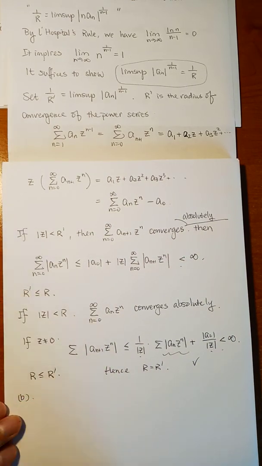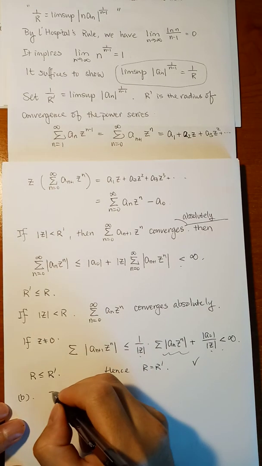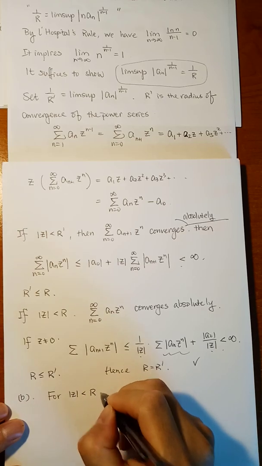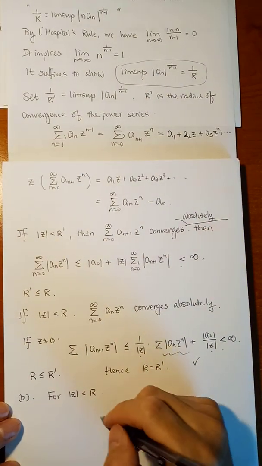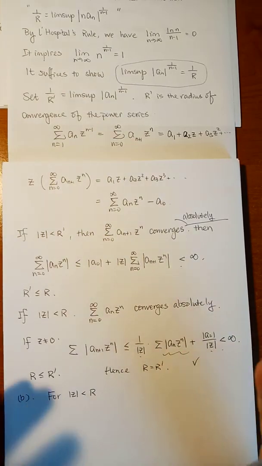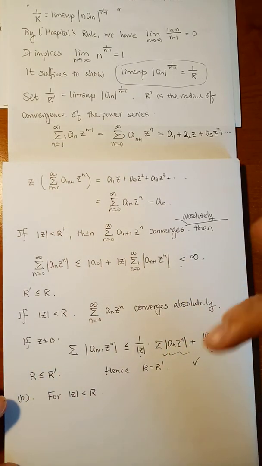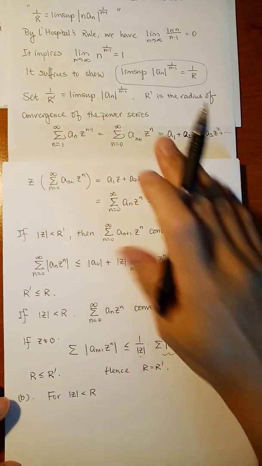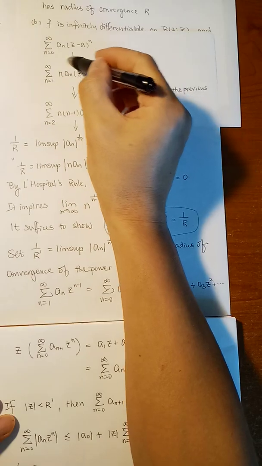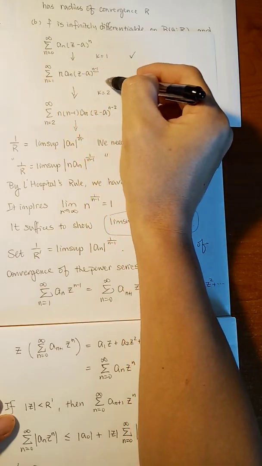We're trying to show differentiability. So let z be in the convergence disk. What we are going to show is that this is actually the derivative.